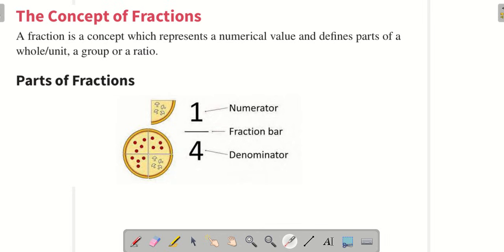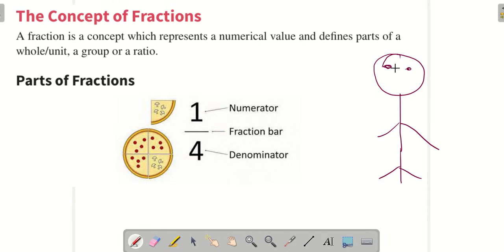An example: if you take the human body, with your eyes, your nose, and even your mouth, you realize that the whole is your body. But if you take, for example, your hand, it becomes just a part of the body.